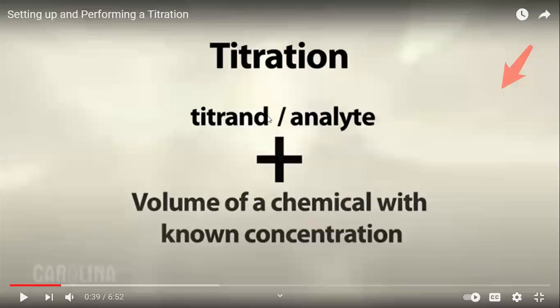The titrant you always put in the burette. The analyte is always in the conical flask. So when you add these two, you get the volume of a chemical with the volume of a chemical with the known concentration.